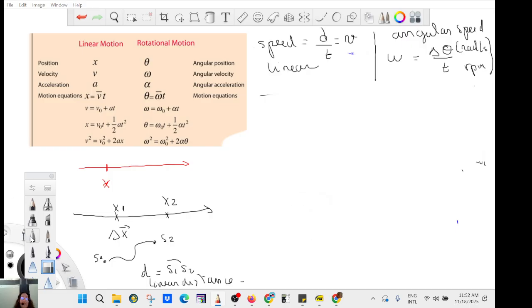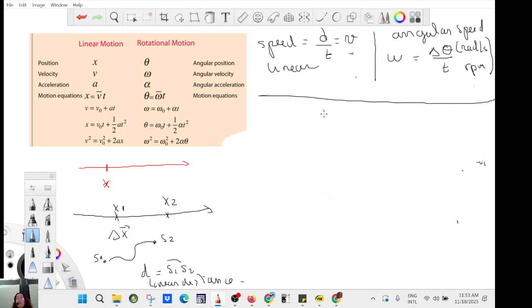Okay, so this is the linear speed, and this is the angular speed. And now you have a relationship between them. What do you think the relationship is? So V equals... okay, I'm going to help you.